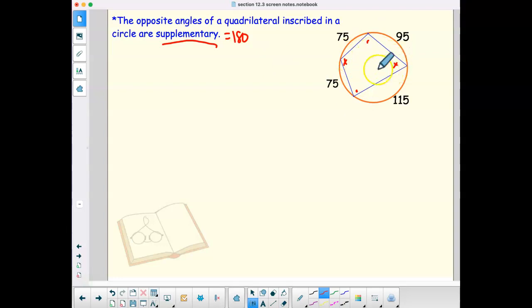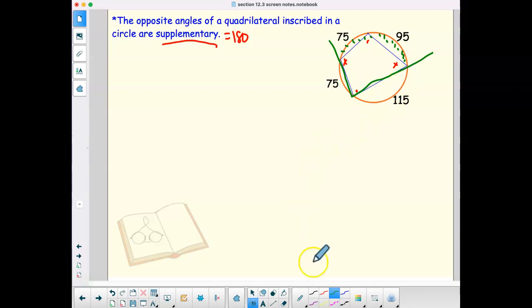The reason for that is because opposite angles that are inscribed take up all the parts of the circle. Let me just switch colors here. For example, if I look at this angle, this angle intercepts this much of the arc, all the way around here.